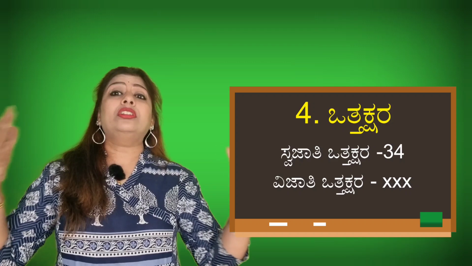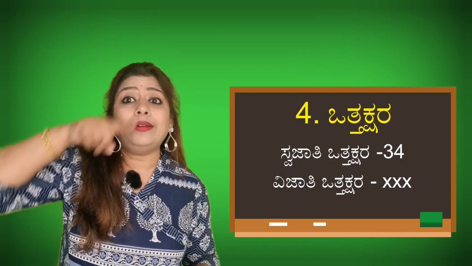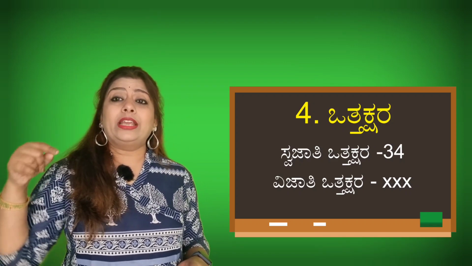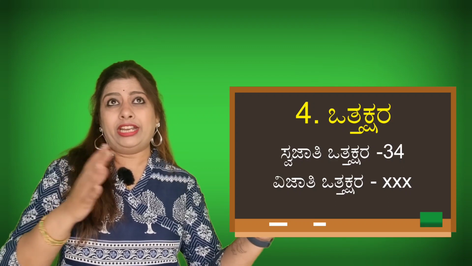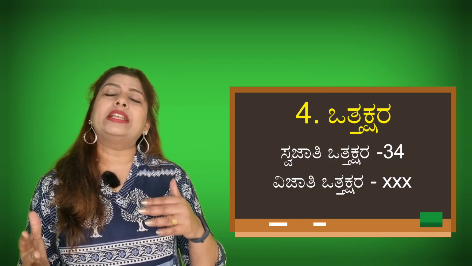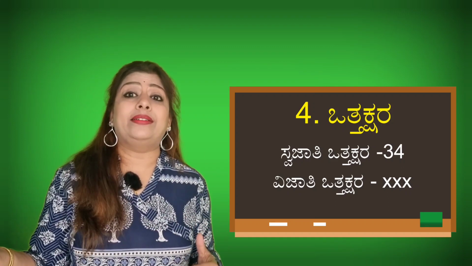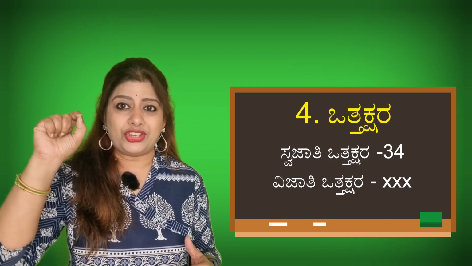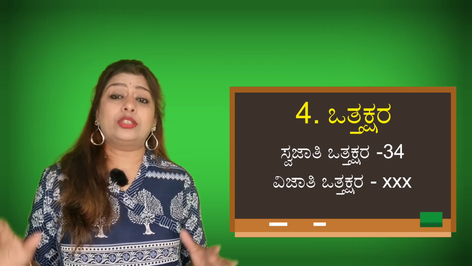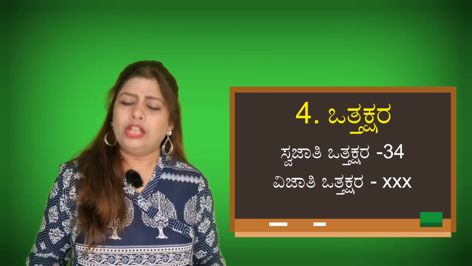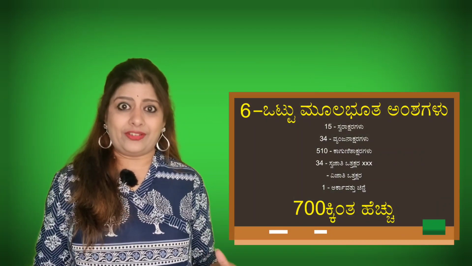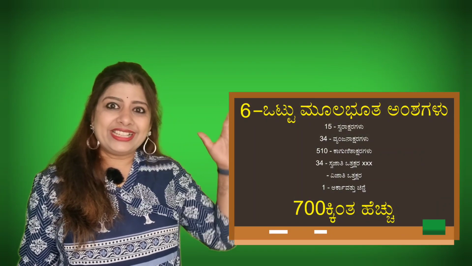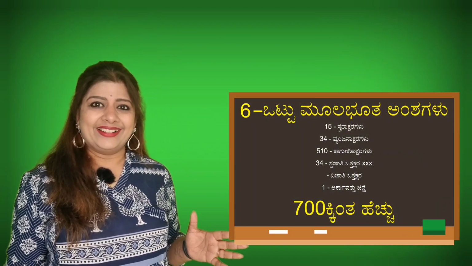So the number can exceed any counted number because of the different permutations and combinations, and the total may come up to 700 or more characters. You can see the count here, right?